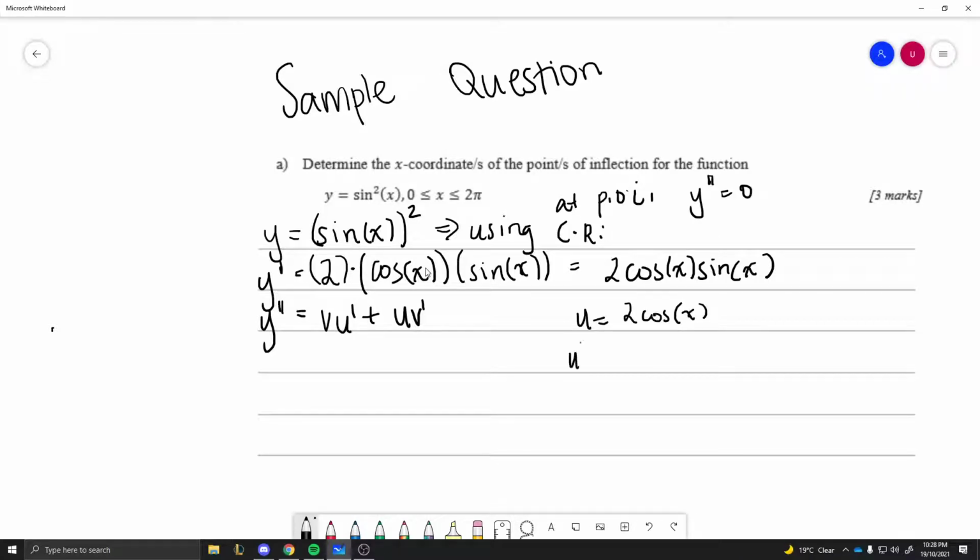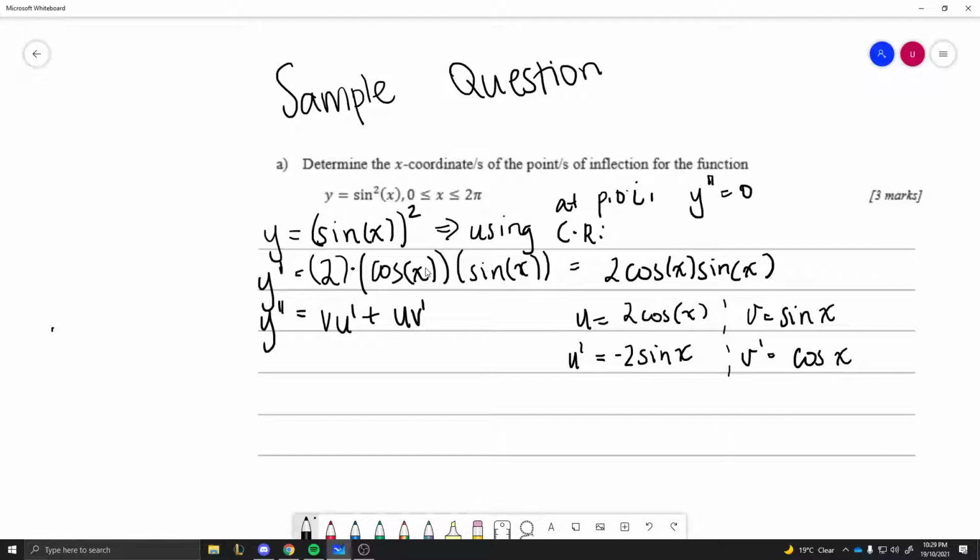That means u prime is equal to, the differential of cos is negative sine, negative 2 sine x. And now v is equal to sine x, our second function, which means that v prime is equal to cos x.